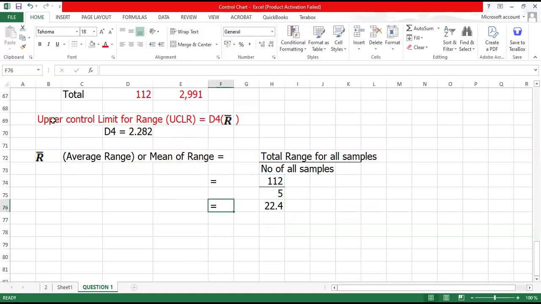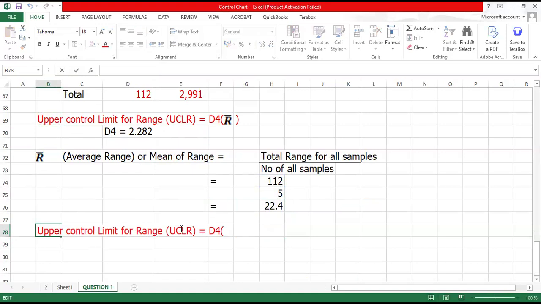So from here, you'll be in a position to get upper control limit. Upper control limit will be equal to 2.282 times 22.4. What do you get?